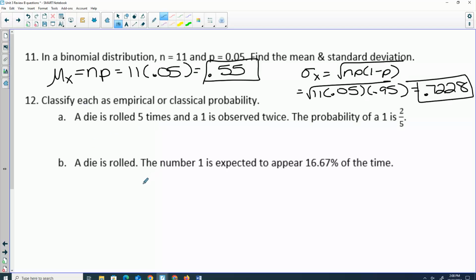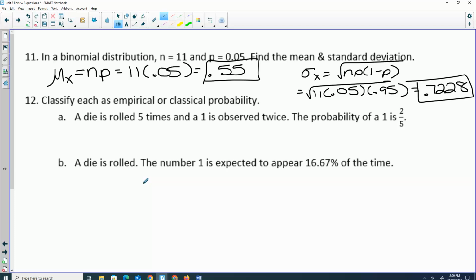This question is actually kind of from the very beginning, empirical versus classical. The difference is what we would expect to happen versus what does happen. So when we look at this, what we actually observe: we roll a die 5 times, we get a 1 twice. Probability of 1 is 2/5.